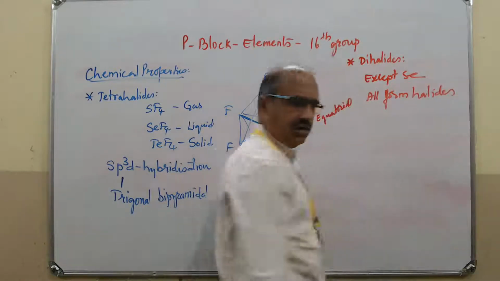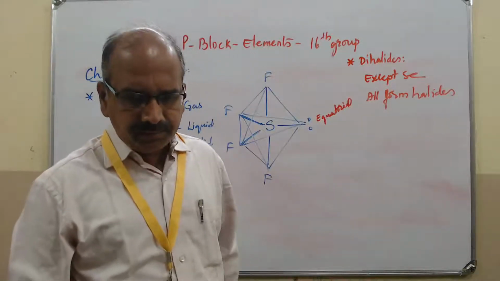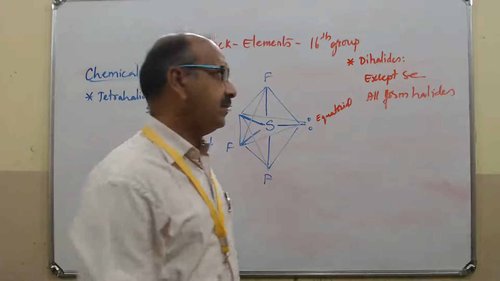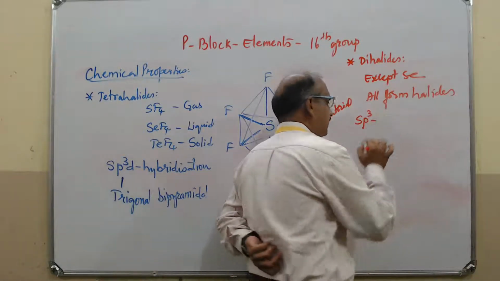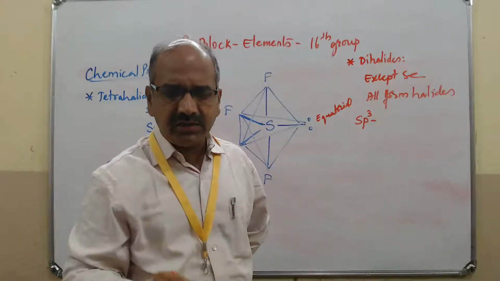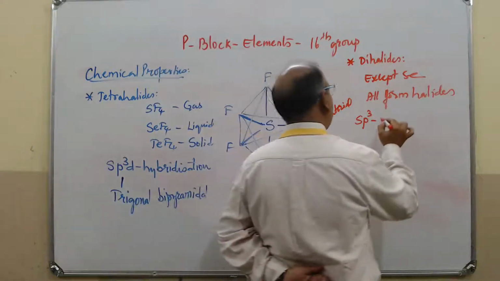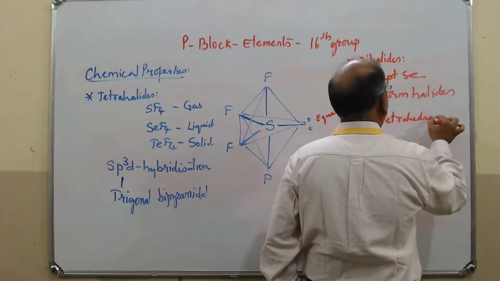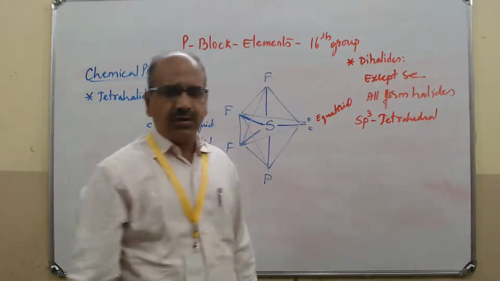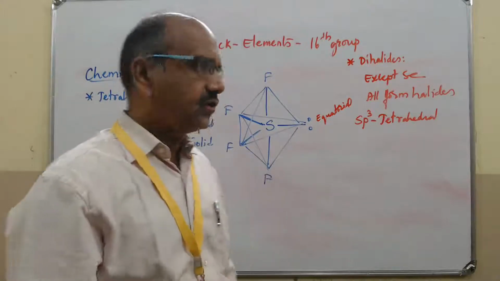Except selenium, all form dihalides. Here the hybridization is sp3. Since the hybridization is sp3, the structure is going to be tetrahedral.